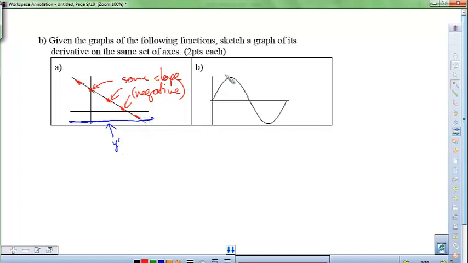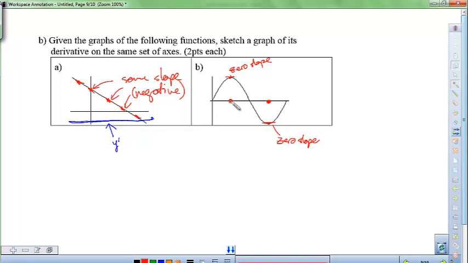Now for a more interesting curve that looks like this, what would be interesting to find out are where the slopes are 0. So I would probably first identify the 0 slopes on the graph. And that would ensure that my derivative would have a value of 0.